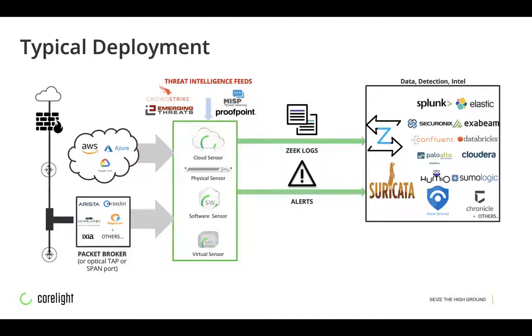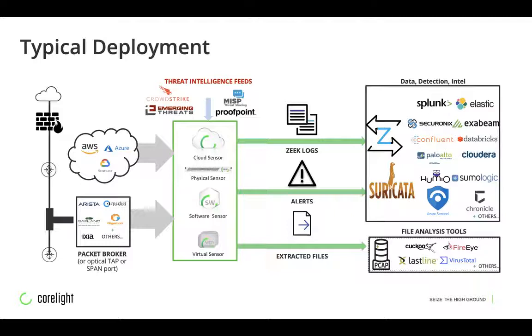For instance, you can export select log types to your SIEM for day-to-day incident response and export all logs to a data lake for long-term storage. You can optionally enable file extraction, so files can be sent to malware analysis solutions for further analysis or stored for forensic purposes. So as you can see, a very simple and straightforward architecture that can be deployed very quickly.